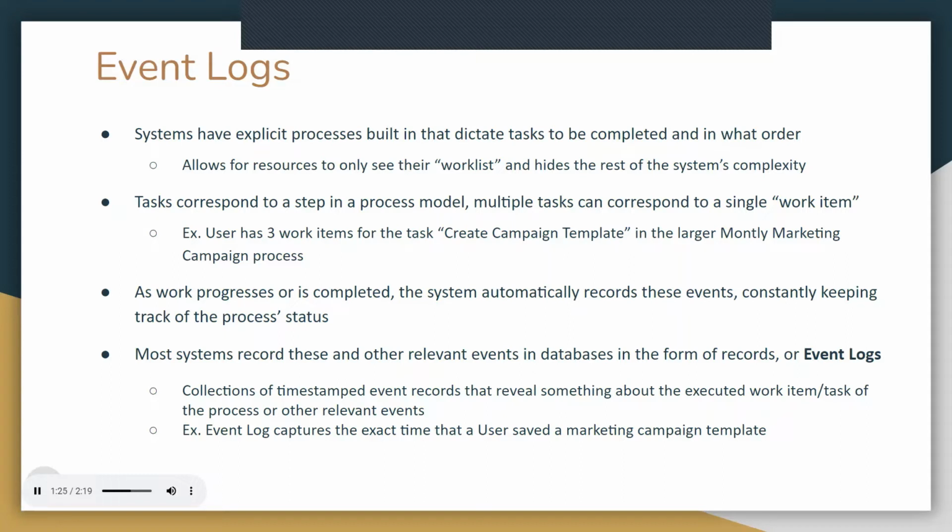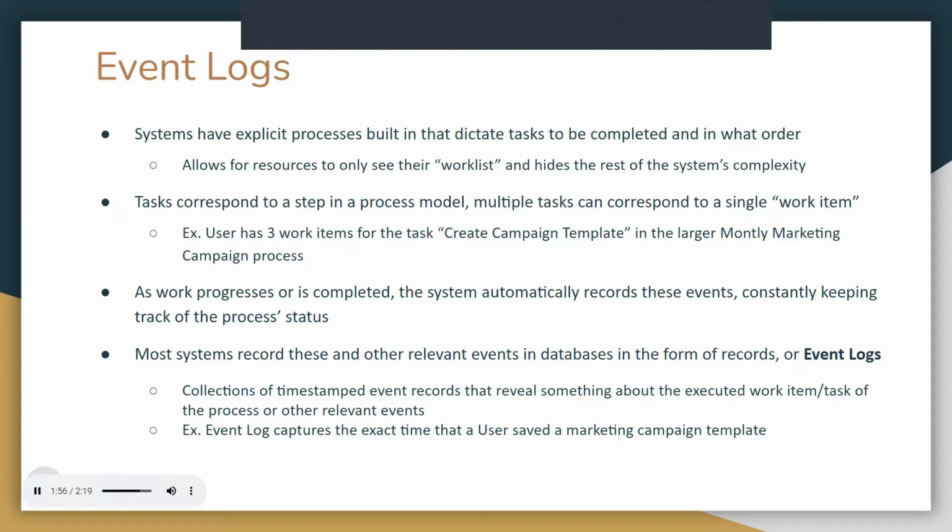And as work progresses or is completed, a system tends to automatically record these events, constantly keeping track of the process from start to finish and usually anything in between. This allows for individuals to have a status report of the process at various different intervals. And most systems tend to record these relevant events in one, usually, sole database in the form of event logs.